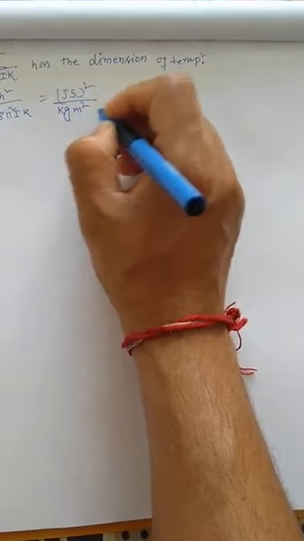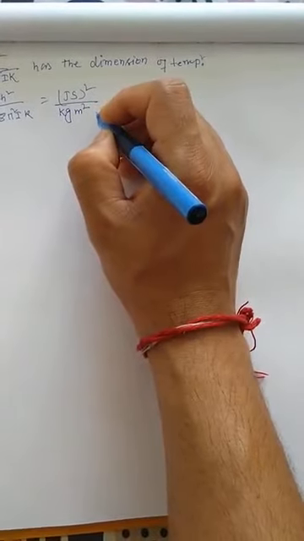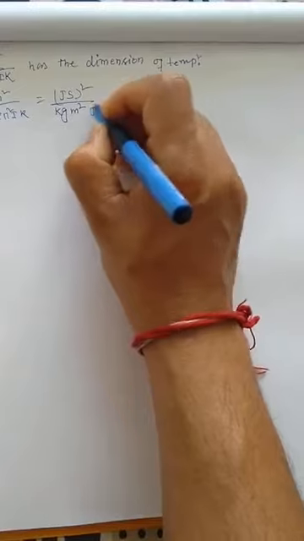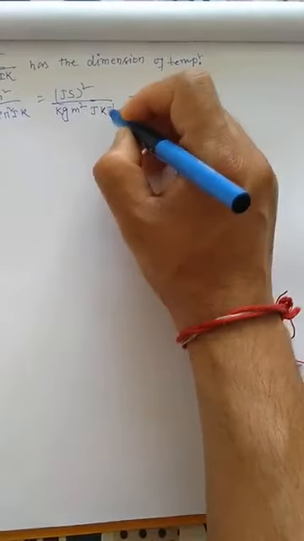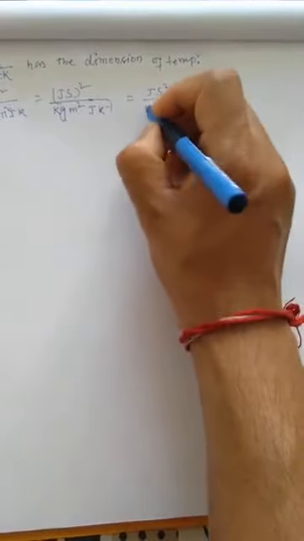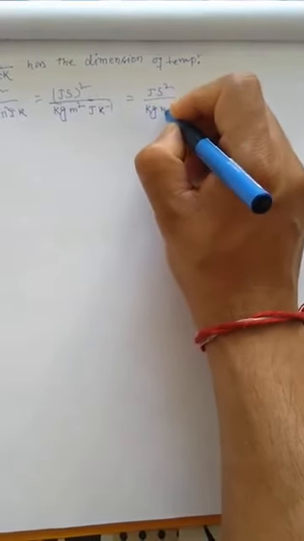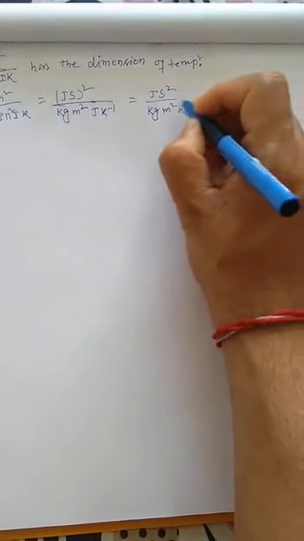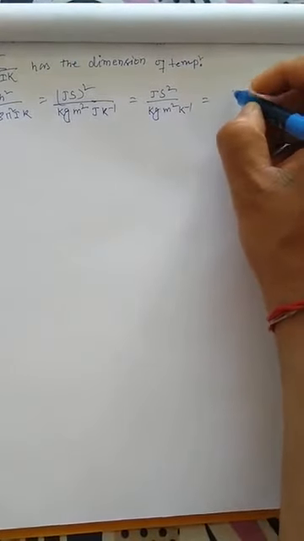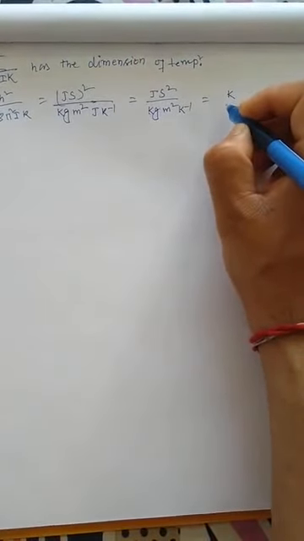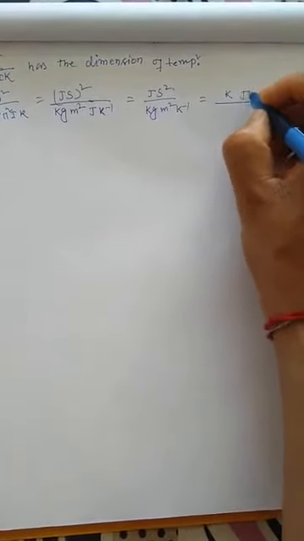The dimension of k, the Boltzmann constant, is joule per Kelvin. So one joule is replaced by this joule, and one joule remains. So kilogram meter square, and joule is in Kelvin inverse. In the next step I put this Kelvin inverse here, and joule is still remaining.